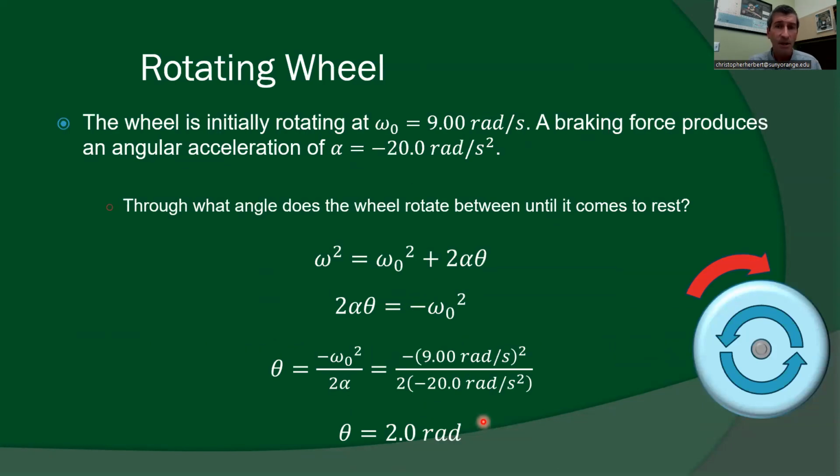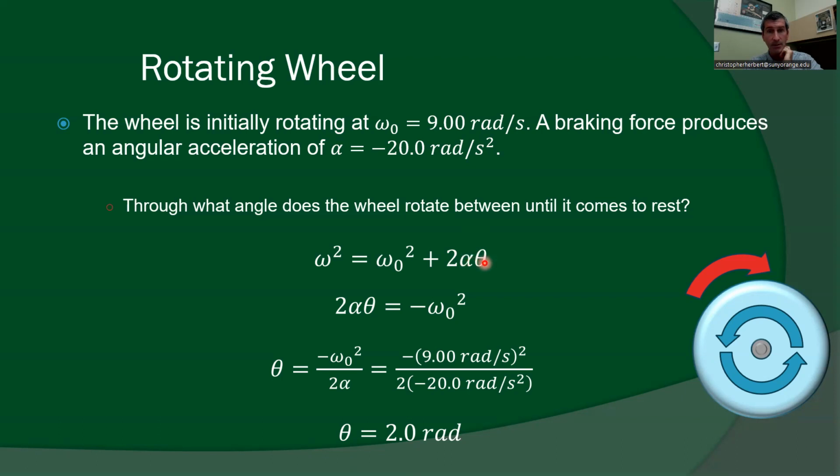Finally, the wheel is initially rotating at 9 radians per second. Now we're going to slow it down. A braking force produces an angular acceleration of -20 radians per second squared. Here, we have to manipulate the equation. We're given the final speed. It's going to be 0. We're given the initial. We're given the acceleration.